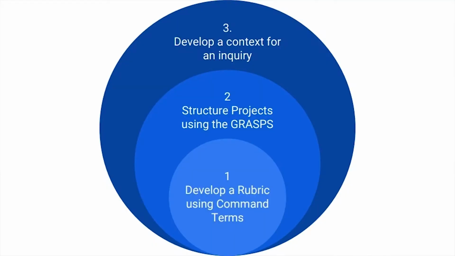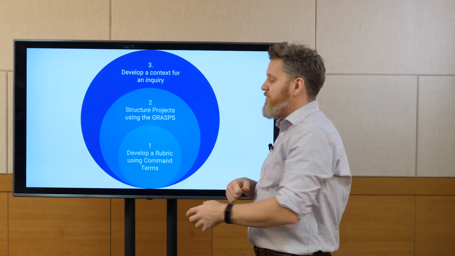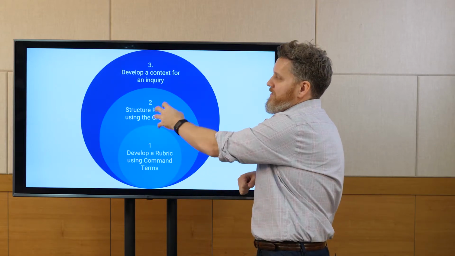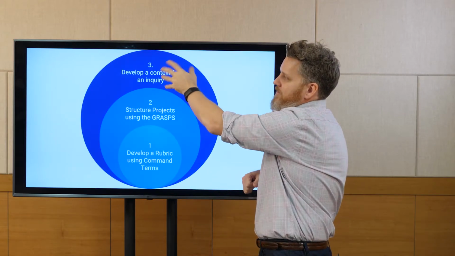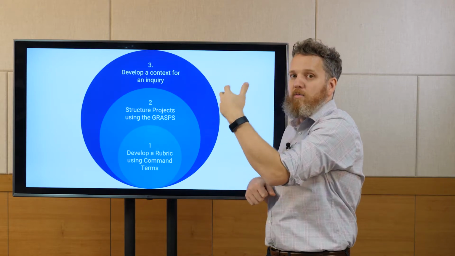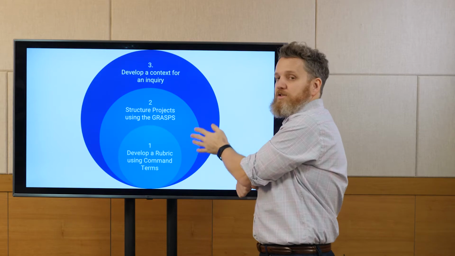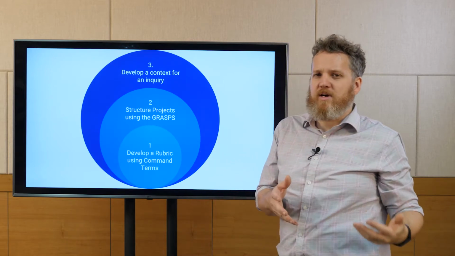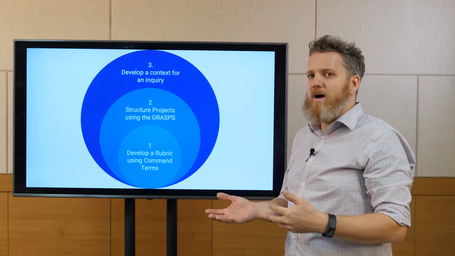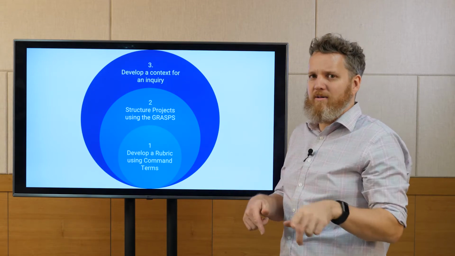And I think an important understanding for us is how these sit inside each other, that we can't have a strong, well-developed context for inquiry if we don't have a structure. Inquiry without a structure isn't really true inquiry, it's just wandering around.